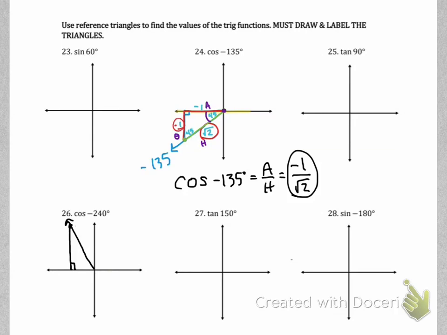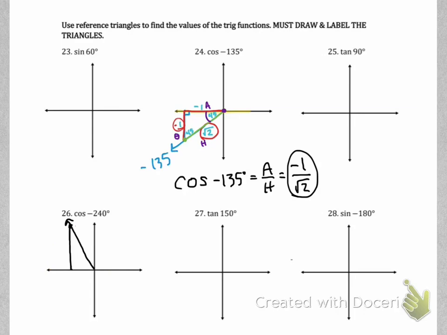And when I do that, I need to know the measure of the angle down in here, because that's going to be my theta. So remember how we just talked about what the measure from here to here was? If negative 180 is here and my angle is at negative 240, how much is that angle measure from here to here? Well, it's 60, right? The difference there.